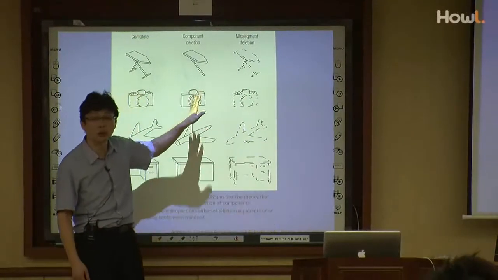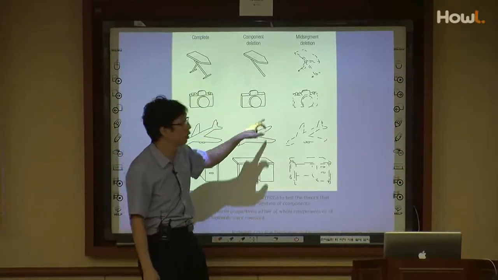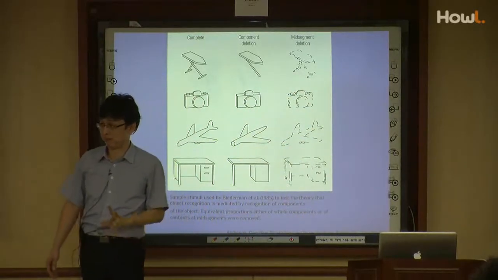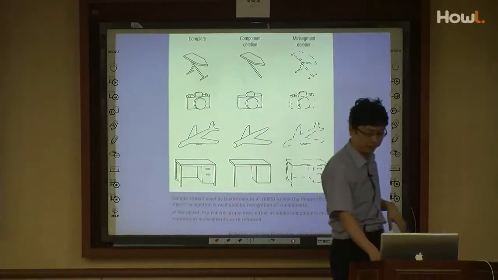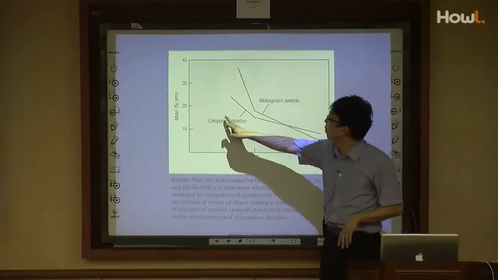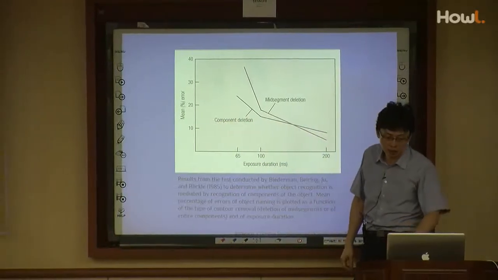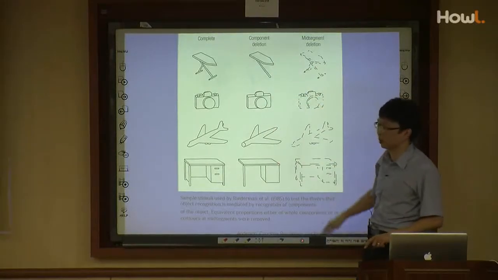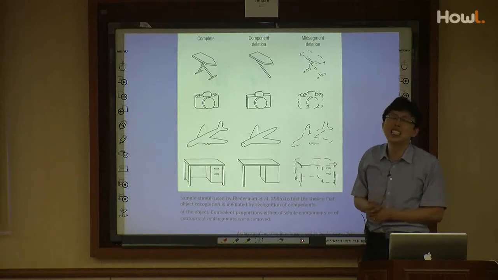They show the participants this one, and the other group sees these types of information. Then they measure the response time. See, when the component is deleted, their response time is much faster. So this one is better than this one. That means it supports his theory.